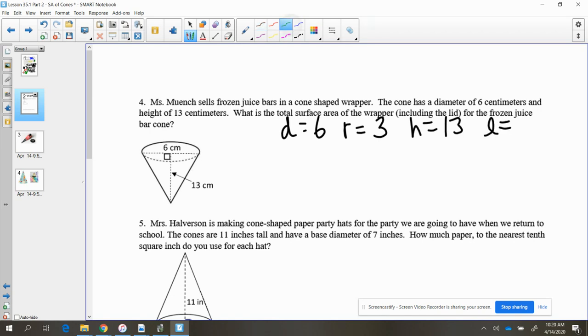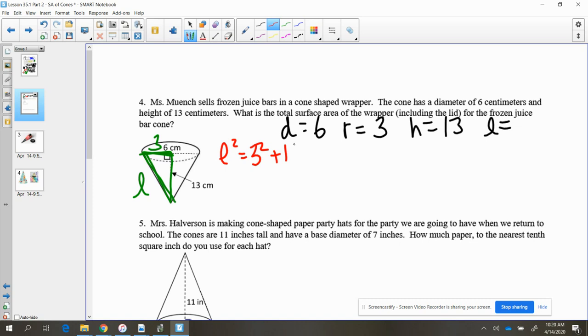So before we can calculate any kind of surface area, we need to look at the fact that we don't have the slant height. We just have right now the height is 13 and the radius, half of that diameter, is 3. So we need to sidestep and use the Pythagorean theorem, just like we did on that last part, because the hypotenuse, c squared, is going to be that slant height squared.